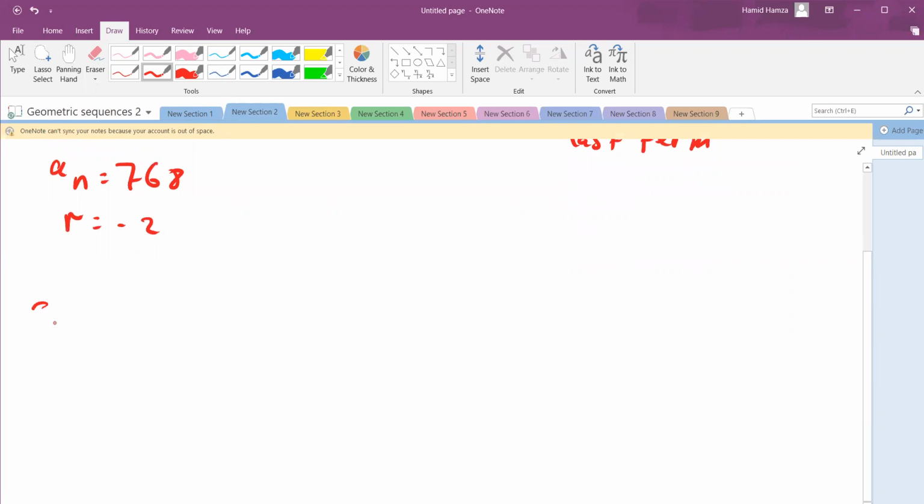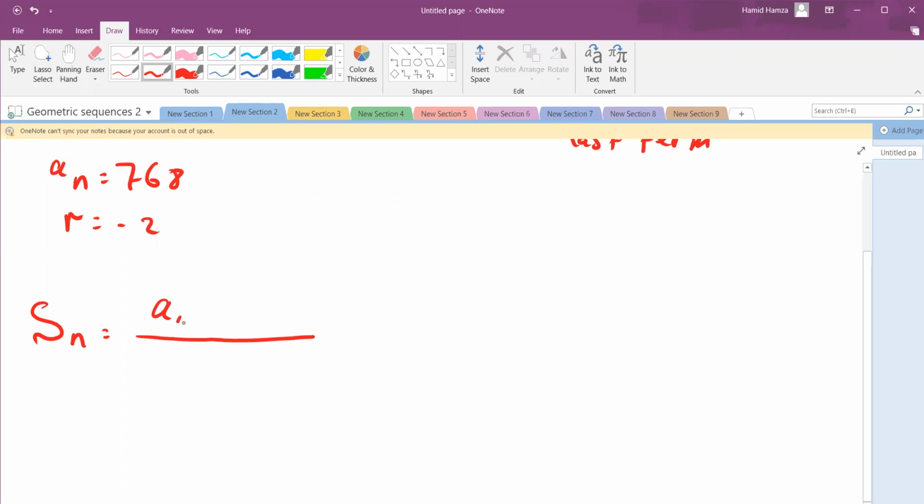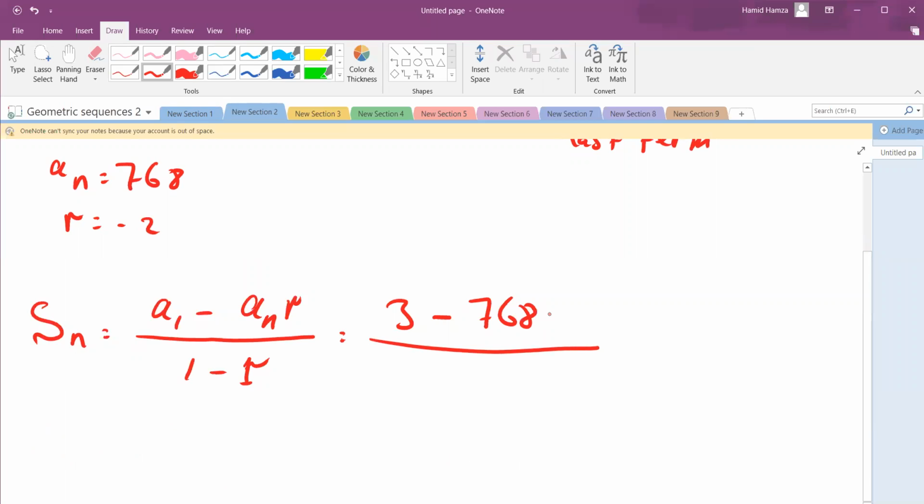The formula is Sn equals (a1 − an·r) over 1 − r. We substitute: a1 is 3, minus an, which in this case is 768, multiplied by r, which is −2, all over 1 minus negative 2, which is r. So one of you give me the answer.